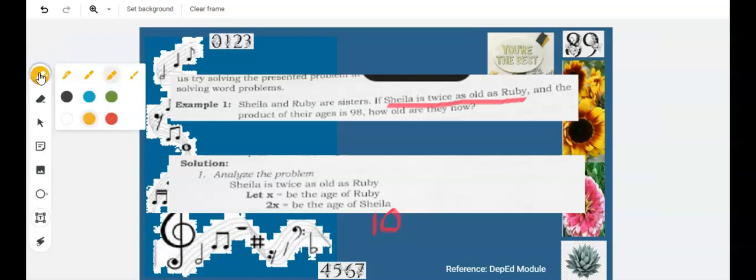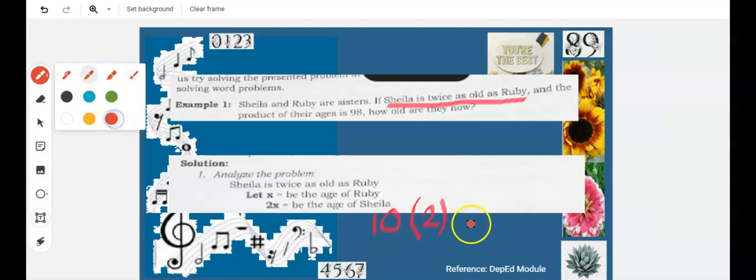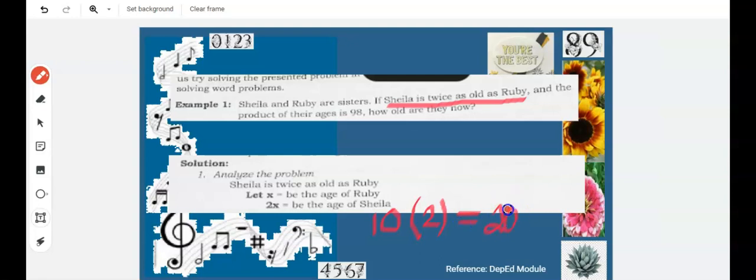Yes, ang 10 nga age ni Ruby atong timesan og 2. Twice man. So, dublihon nato ang age ni Ruby. So, we multiply 2 to 10. Pila man na ang 10 times 2? Yes, 10 times 2 is 20.